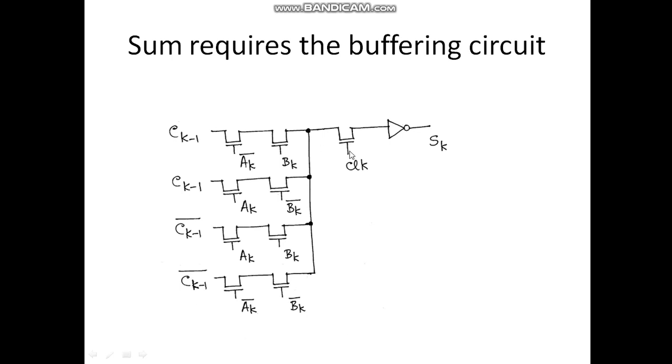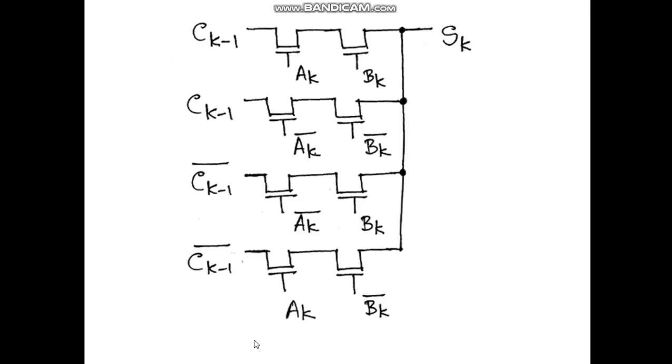So when the clock input is given, it is made available at the output end. So finally we can say that when Ak and Bk are both the same, Sk is equal to Ck-1. Similar is the case for the other two conditions. When Ak and Bk are different, in the previous case, in the circuit we can see that the input is Ck-1 bar.